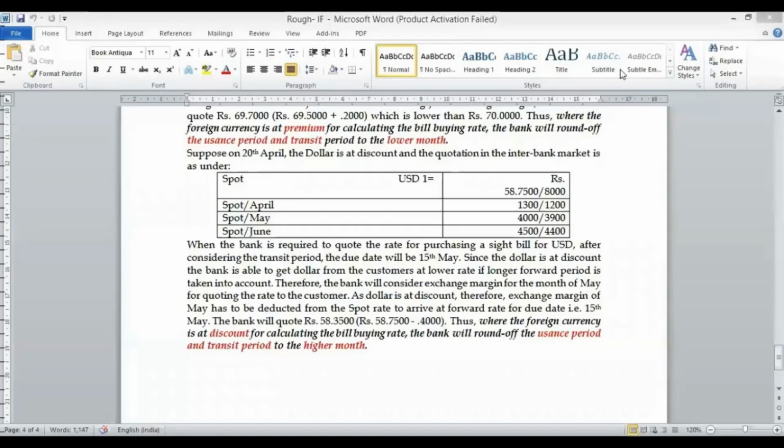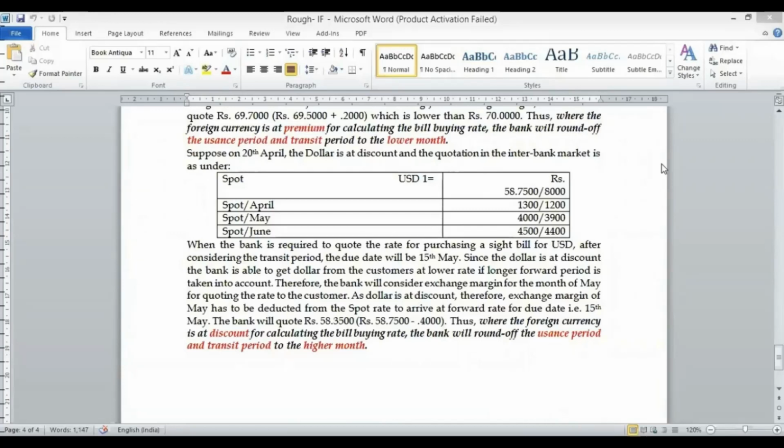Yesterday, we were discussing the bill buying rate. And in that concept, we landed at the conclusion that if the forward rates are available at premium, then usance and transit period will be rounded off to the lower month.